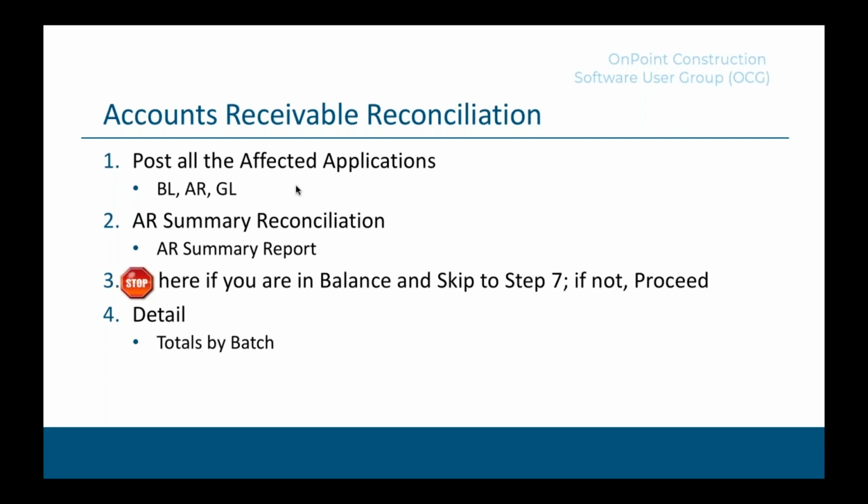So you want to make sure that everything in regards to accounts receivable is posted in those three modules. There's the AR summary report that you would print. And if that AR summary report is in balance with general ledger, then you don't need to go any further. You can skip to step 7.